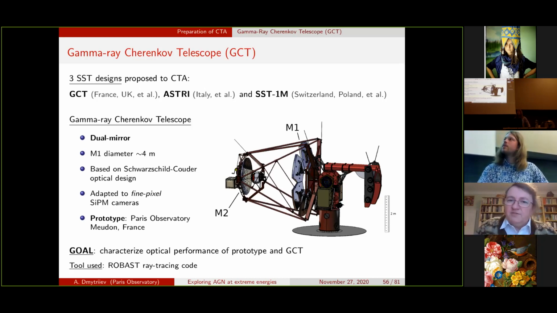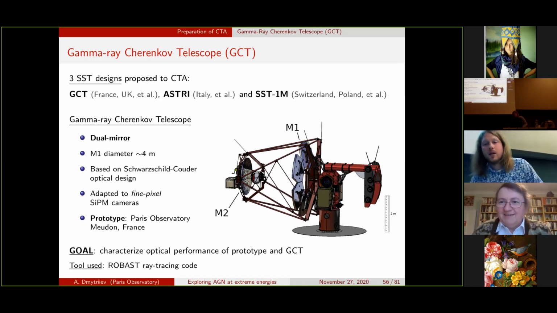Why did we want a dual mirror design, particularly for the small size telescopes? What's important about it? Yeah, it's easier maintenance and different operational modes. These telescopes reach the highest energies, up to hundreds of TeV.